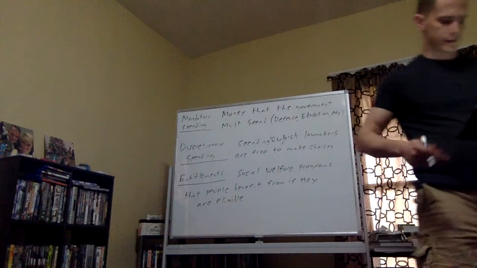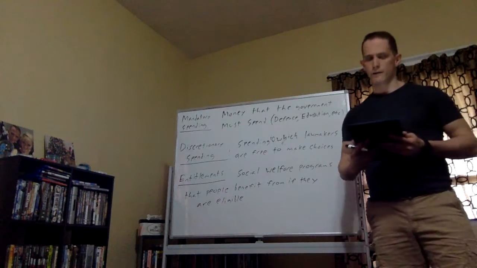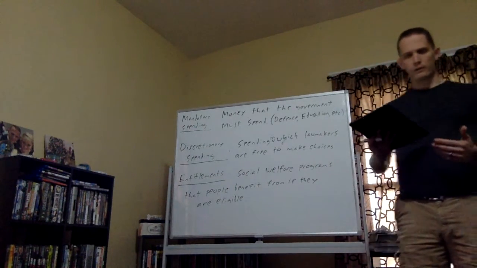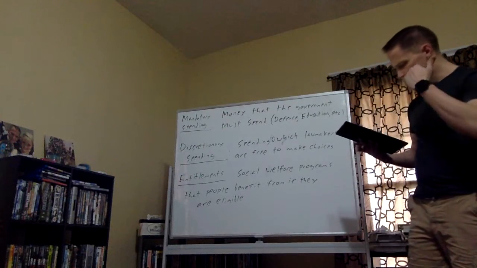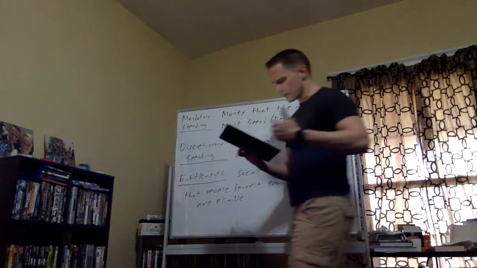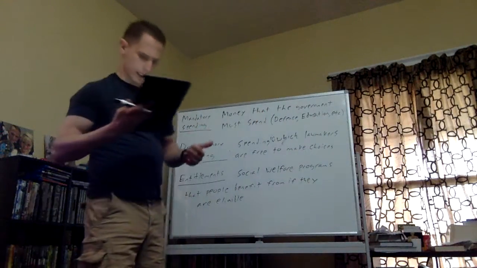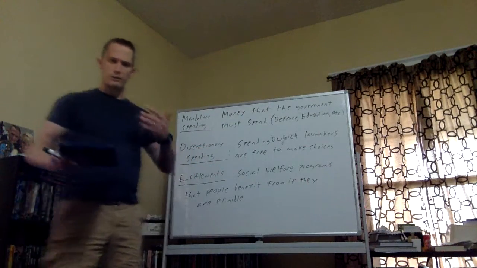So this actually covers a wide variety of things. Some of the stuff you may have heard of, maybe you had before. So this includes things like Social Security, Medicare, Medicaid, food stamps.